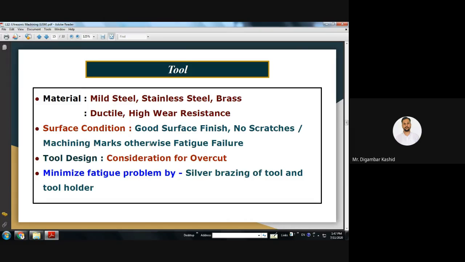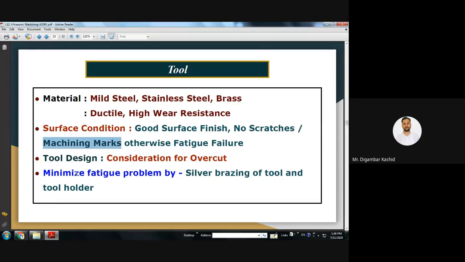So there should not be scratches or machining marks on the tool. If they are there, then fatigue failure of that tool will be observed.